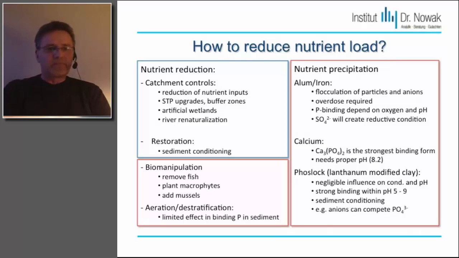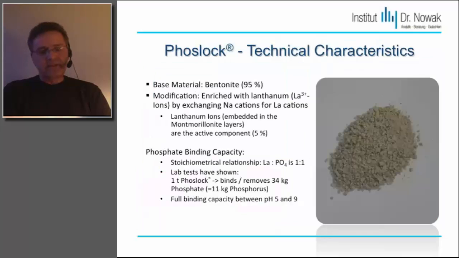What is Phoslock? Phoslock is a bentonite. It's a special kind of bentonite, a montmorillonite, and that are layers, and within the layers, the sodium cations are exchanged with lanthanum cations. The maximum load with lanthanum is 5%.